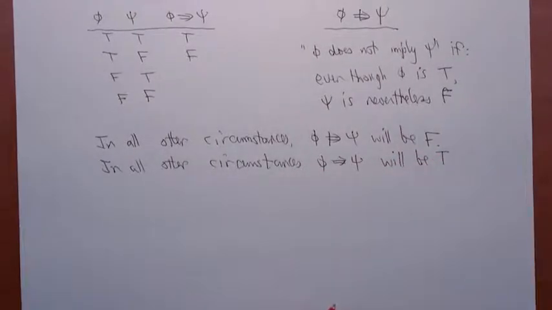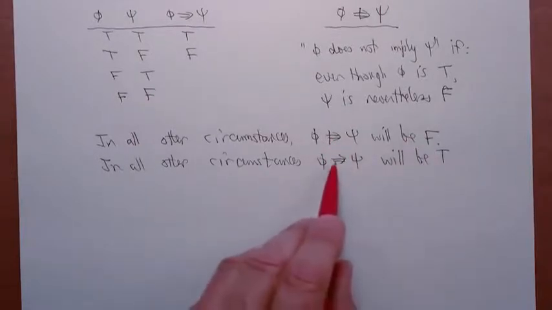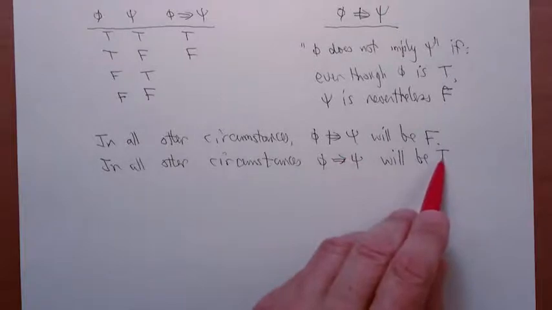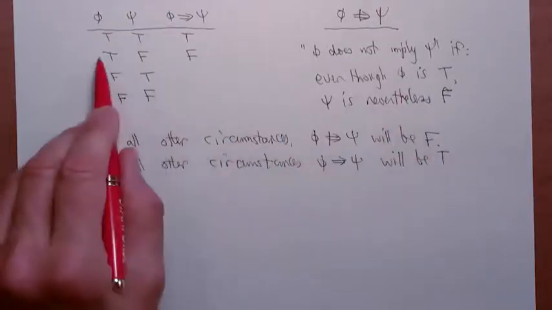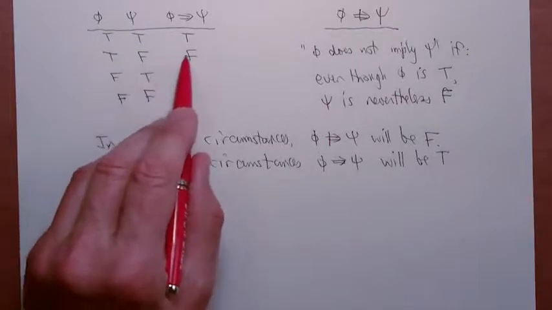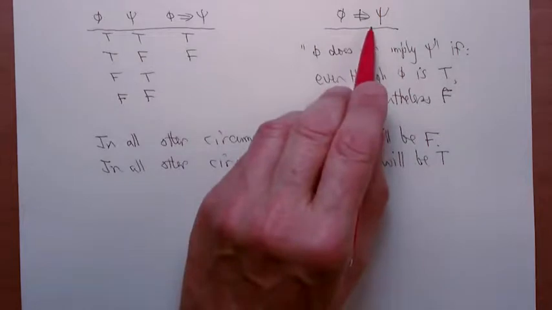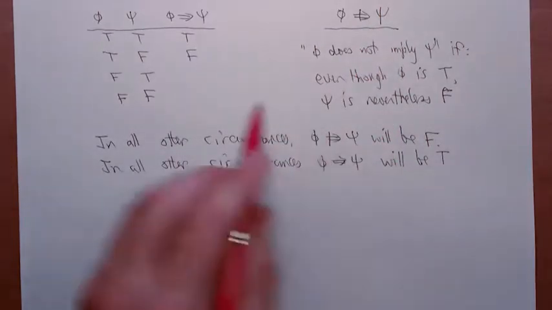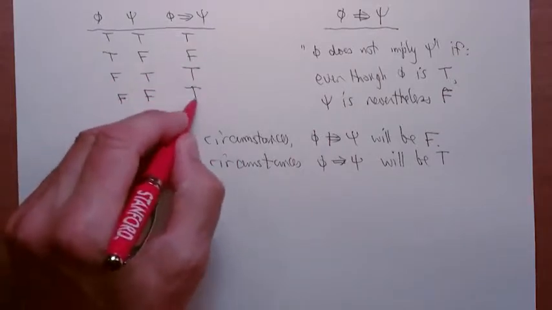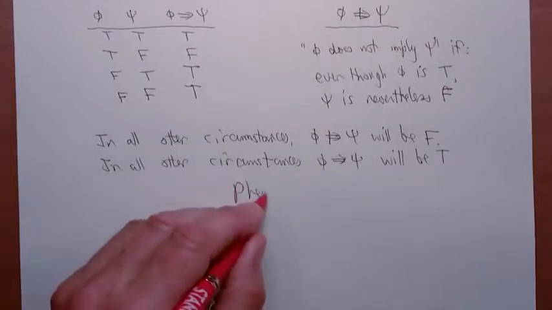Because negation swaps F and T, this will be false when this is true. So if we have T and F, which we have here, then negation is false, which means this is true. In all other circumstances, this is true. So those are T's. And we're done. Phew, that was difficult.